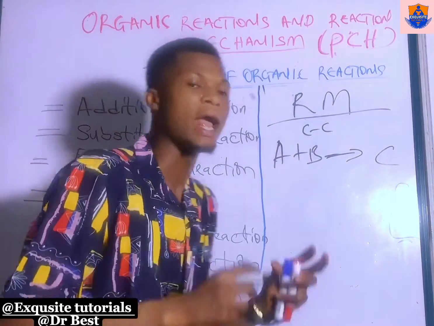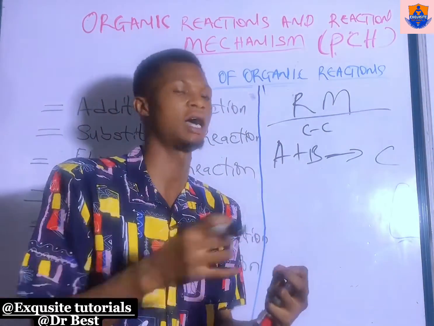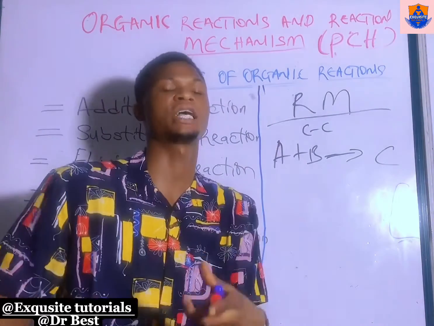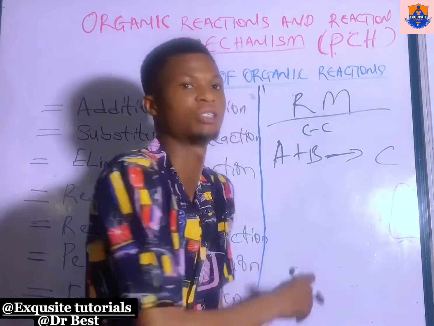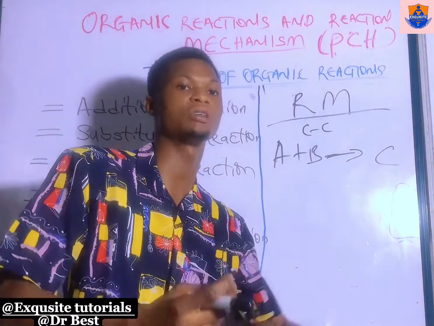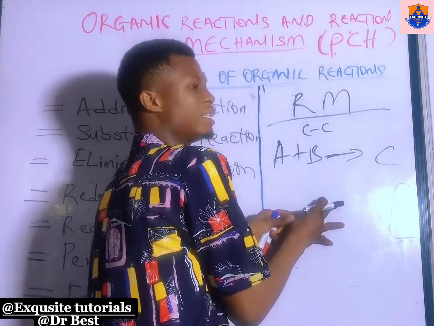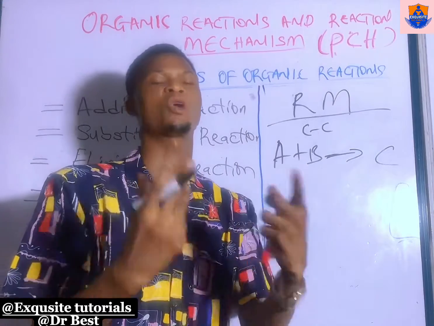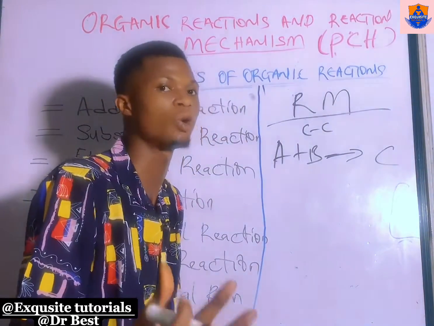Also, as a pharmacist, you can alter a reaction and make a reaction happen faster if you understand what happened in the reaction. You can change the course of the reaction, the rate of the reaction, and the product you should expect if you understand the reaction mechanism. So, reaction mechanism is important for pharmacists or chemists to be able to determine or control the rate of a reaction.